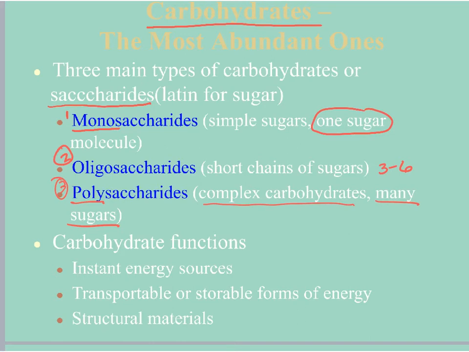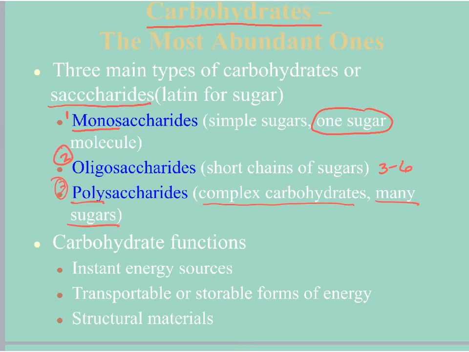Before I show you some examples of these, let's think about the functions of carbohydrates. And you probably already are familiar with this. If you've dieted or if you exercise and follow a certain diet, you're probably very familiar with the functions of carbohydrates. So carbohydrates are a great source of energy, instant energy, meaning your body can break the bonds between those carbon atoms and instantly use those carbon atoms for energy.